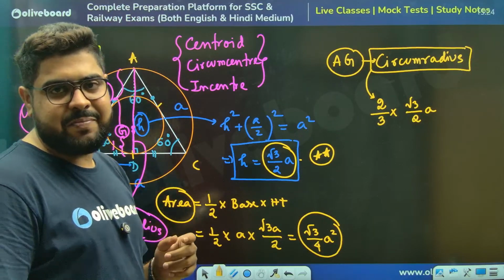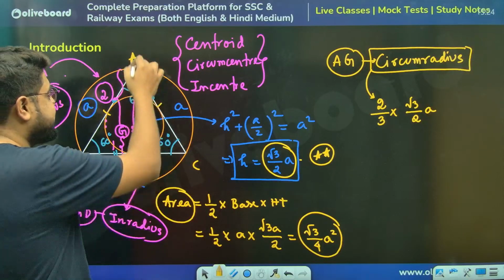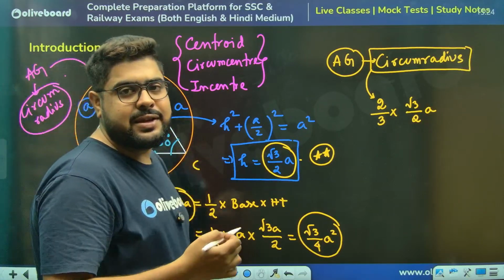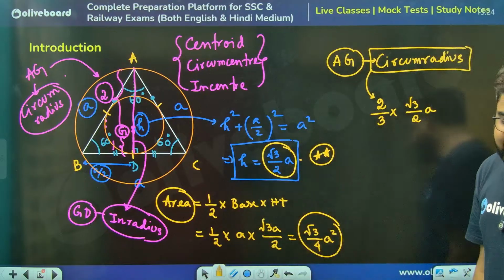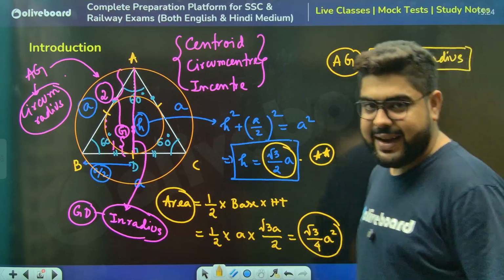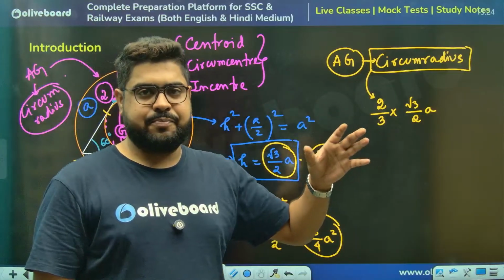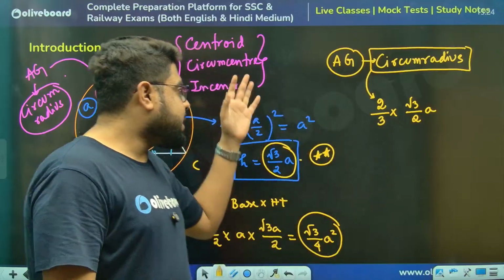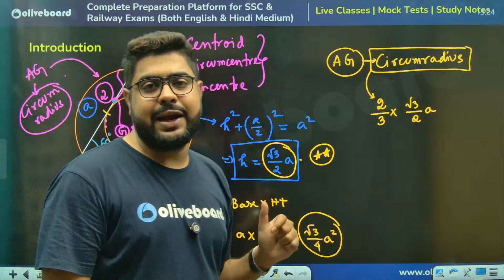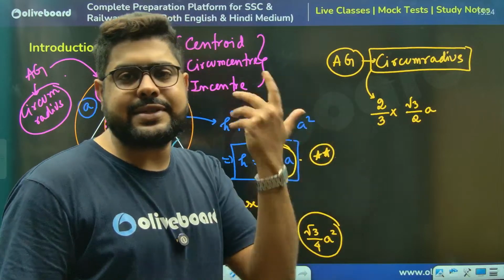Circumradius AG plus GD, that is inradius, if you total you will get AD, which is the height, right? Actually in any triangle, the sum of circumradius plus inradius is equal to the median. But again, in an equilateral triangle, the median itself is the height.